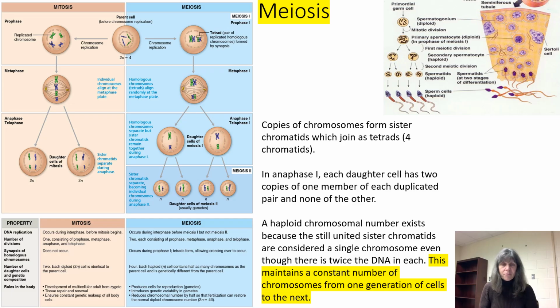So with meiosis 1, what happens is the replicated chromosomes are going to seek out their homologous pairs.